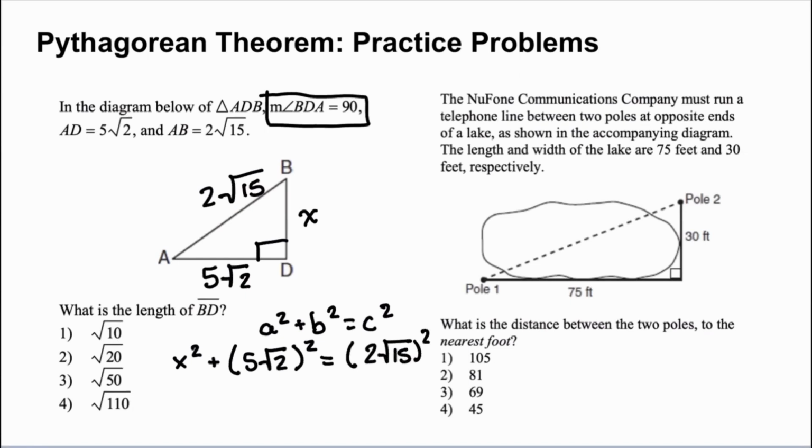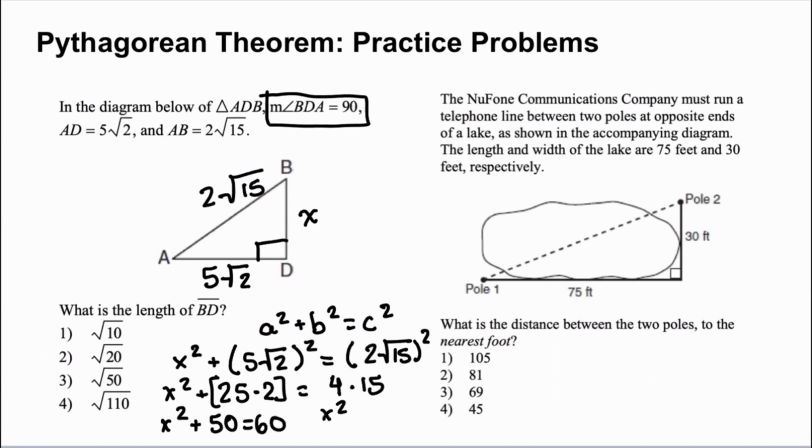You can distribute this exponent into the different multipliers. We have x squared plus 25 times 2 is equal to 4 times 15. Simplifying this further, we get x squared plus 50 is equal to 60.